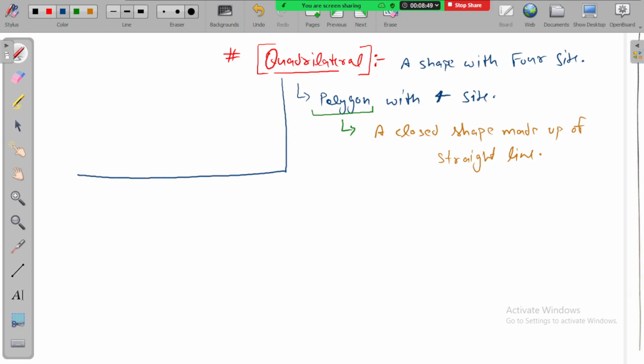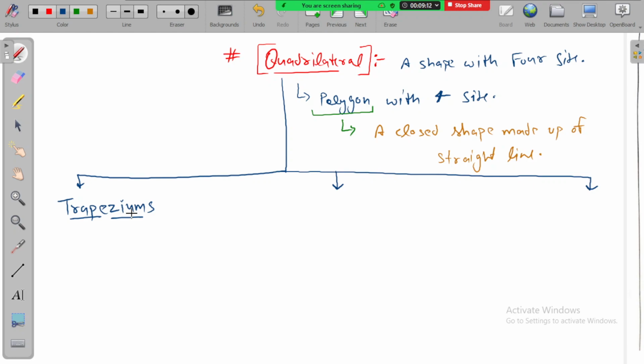Now, if you divide quadrilaterals into subcategories, there are just three different categories that you will have. A few quadrilaterals are trapeziums. These names came just from the arrangement of the sides.